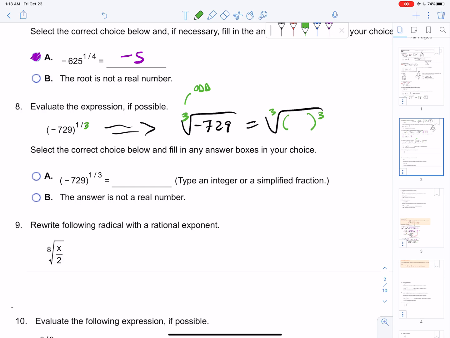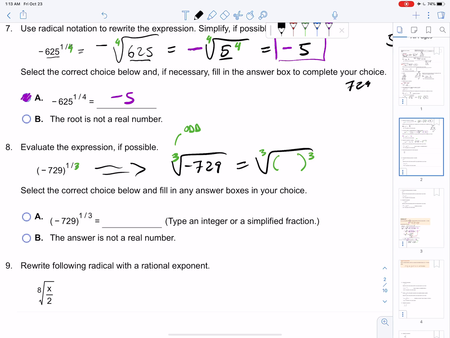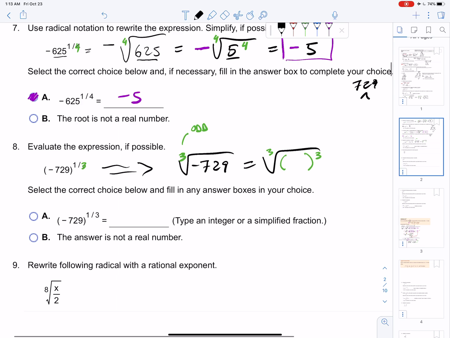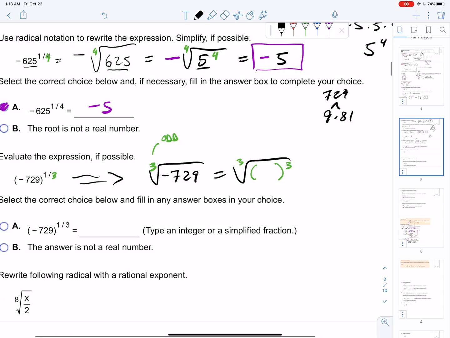If you take 729, you will realize after messing around with it that 729 factors down to 9 times 81, and 81 is 9 times 9. So 729 will actually factor down to 9 cubed. I'm sorry, this was a negative 729, so a negative 9 cubed. And the fact that that's odd doesn't bug us. The answer is going to be negative 9.